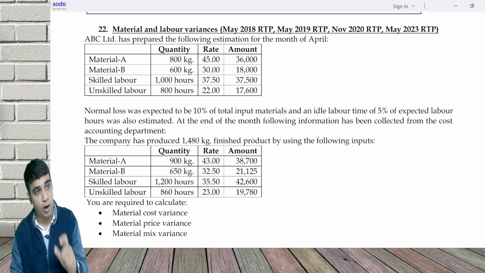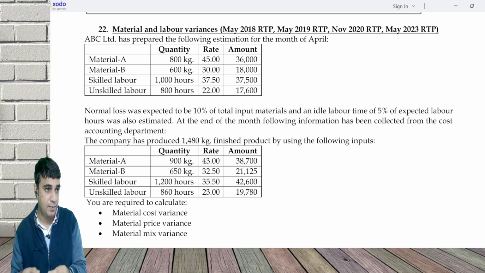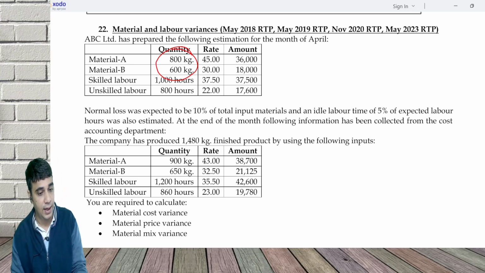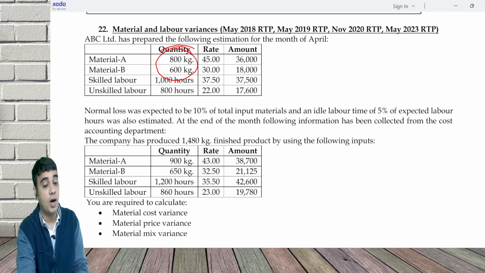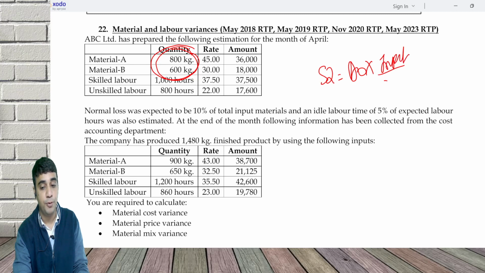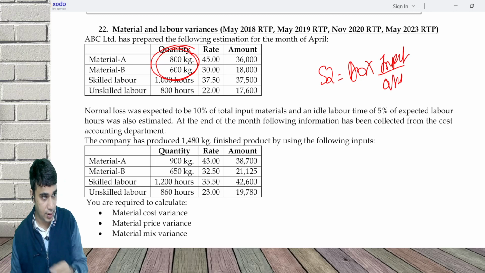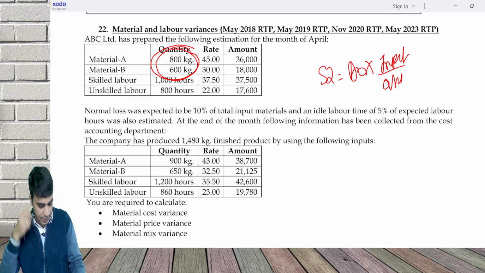RSQ is the total of AQ in the standard mix. What is the standard mix? 800 is to 600. Standard quantity is not this, okay? Standard quantity is equal to actual output into input by output. Get the answer and then do the calculation. Clear? Start doing this. I'll be back in some 2-3 minutes.